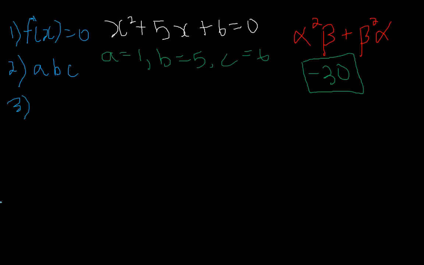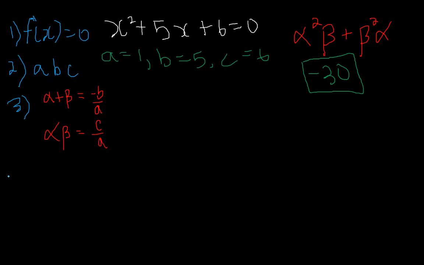Find alpha plus beta. And what's the formula? Minus B over A. Alpha beta is C over A.